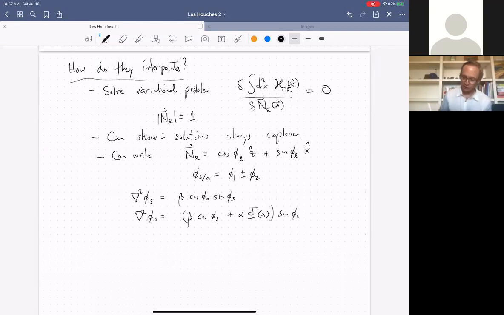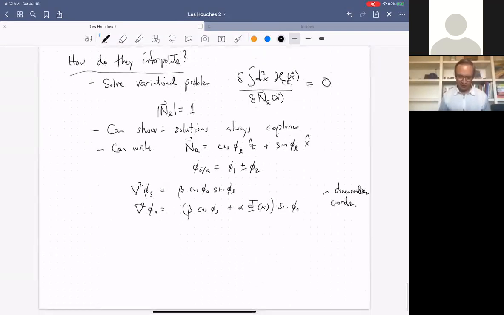So this is all in dimensionless coordinates. Basically, we've scaled things so that the length of the Moire wave vectors is 1. So you can see these are kind of nonlinear Poisson type equations. If you stare at this for a while, you can find some trivial solutions.